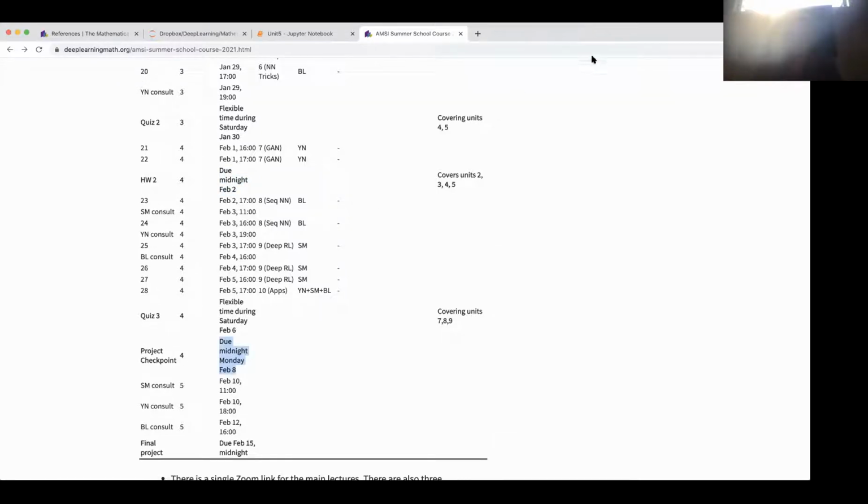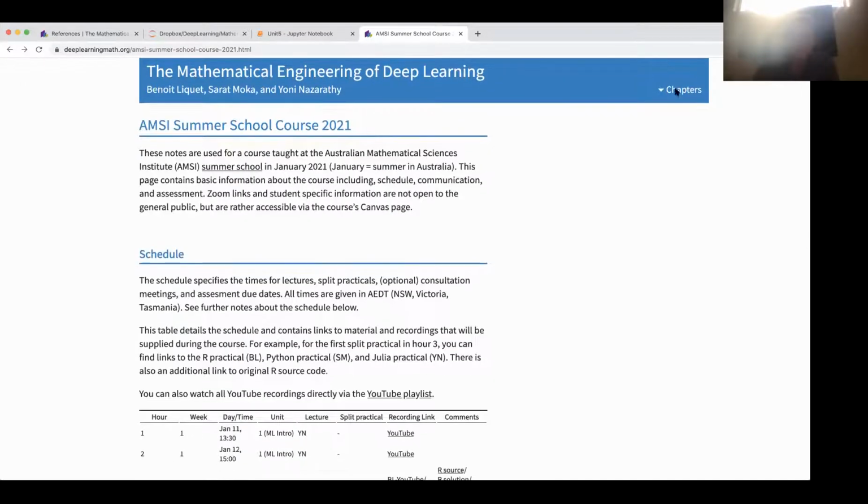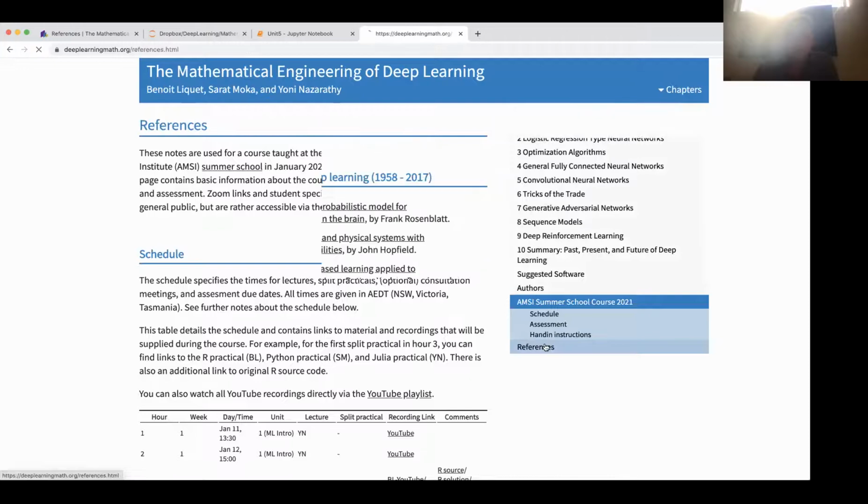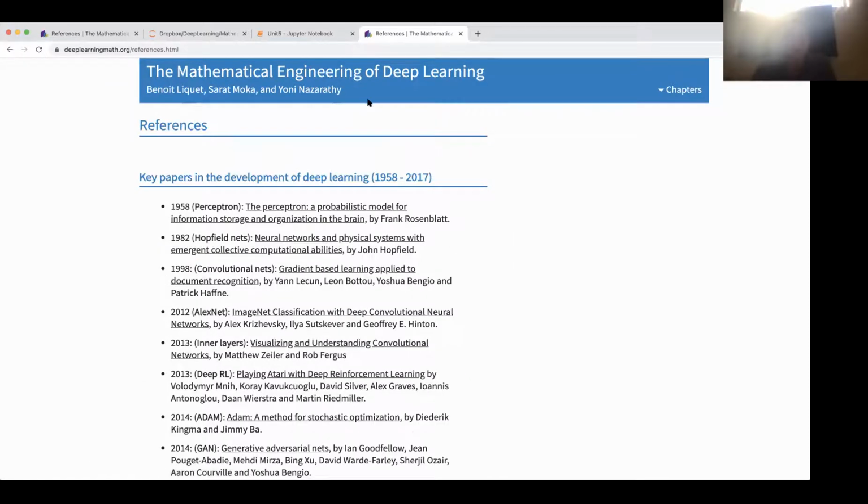Let me just see if I can see the chat, because it disappeared from me. There are some questions. The notes for Unit 6 are ready already. And there's a question about where the papers to choose from for the project are. When you go to references, we'll spend a bit of time on references today.